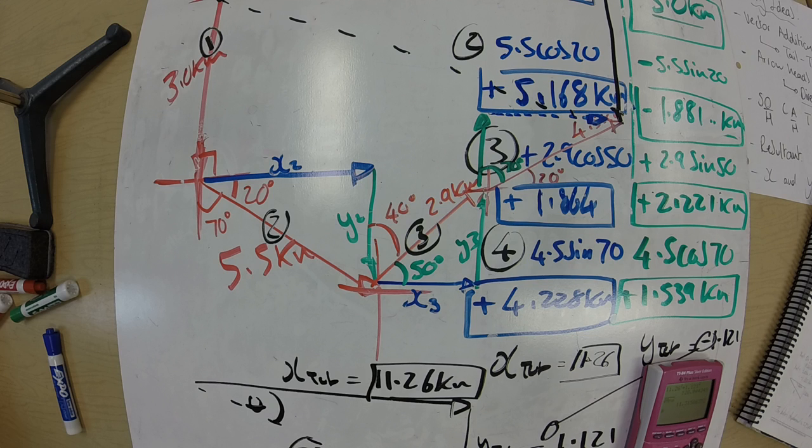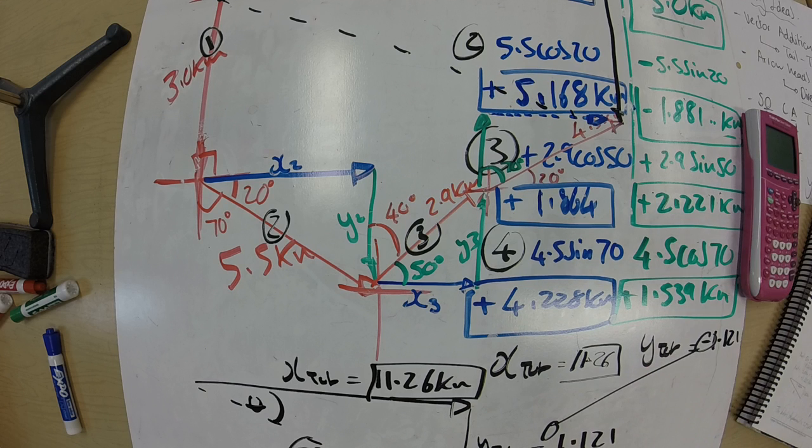It gives you 11.31 kilometers. Okay, let's just double check our significant digits. That's to 4 significant digits, and looking at the question, the smallest value we had was 2. So my answer here is going to have to be to 2 significant digits. So I know that this is going to be 11 kilometers. 11 kilometers is my answer.